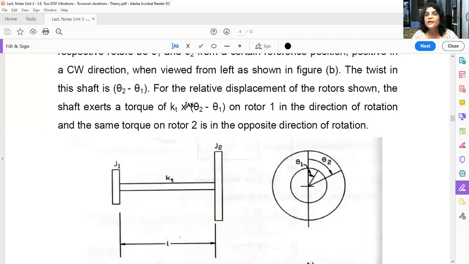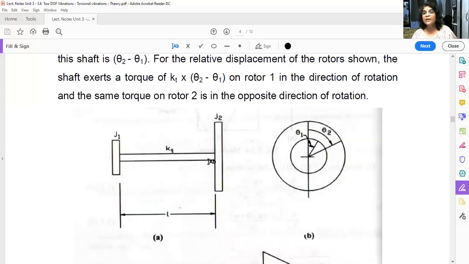For the relative displacement of the rotors shown, the shaft exerts a torque KT into theta 2 minus theta 1 on rotor 1 in the direction of rotation, and the same torque will be in the opposite direction for rotor 2. As I told you in the earlier longitudinal problem also, first you have to show the restoring torque on that rotor which is having the greater displacement.